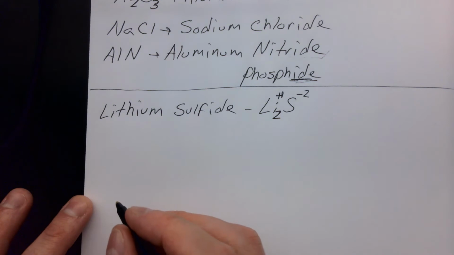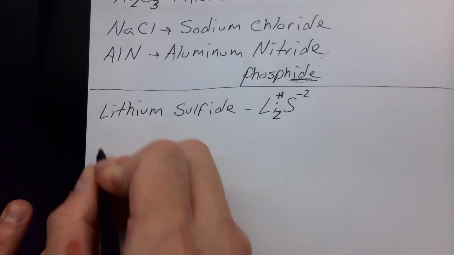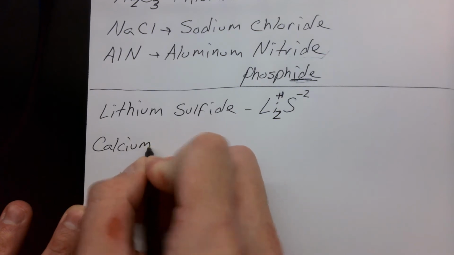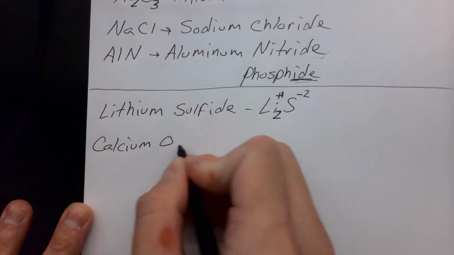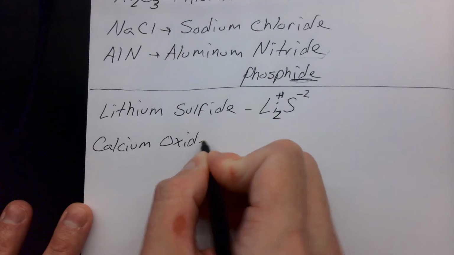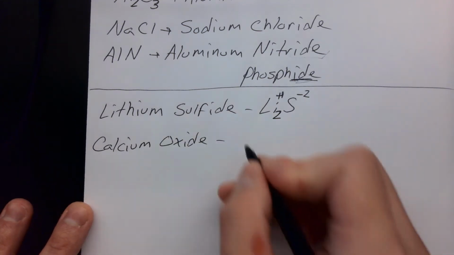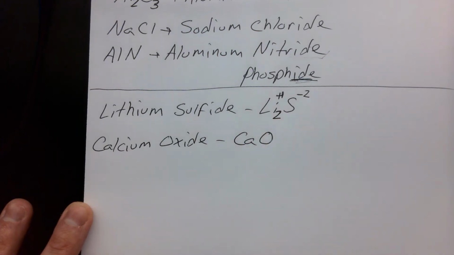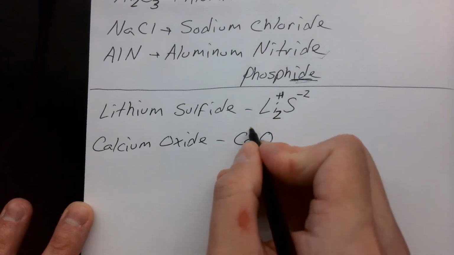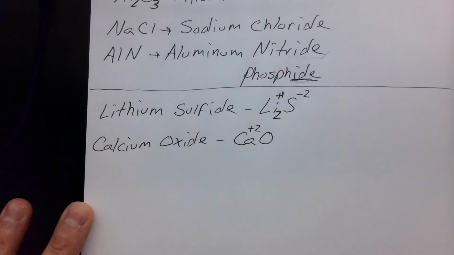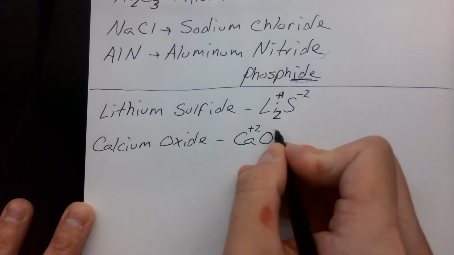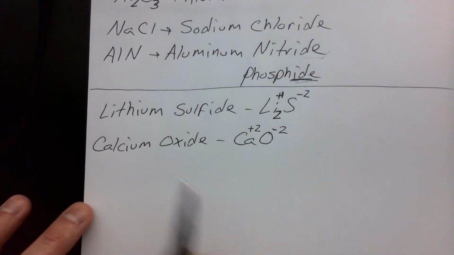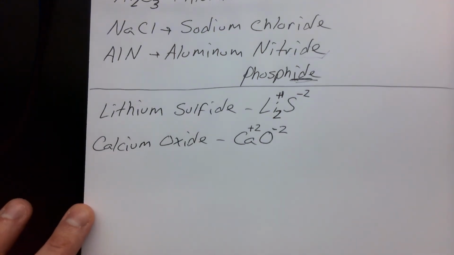Let's keep doing more examples. What if I give you calcium oxide? Same thing. Write out the calcium, write out the oxide, find calcium on the periodic table, it's +2. Oxide is -2. So nothing needs done, they already cancel. Calcium oxide is CaO.